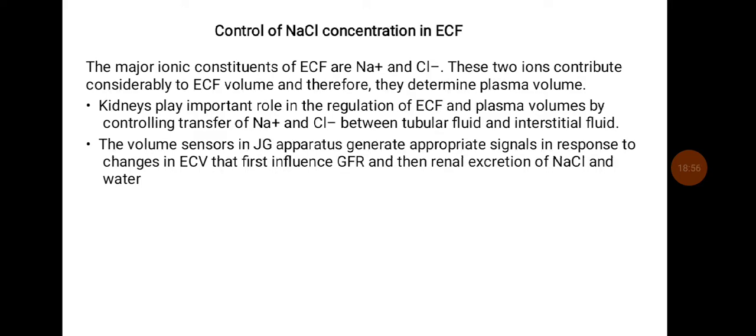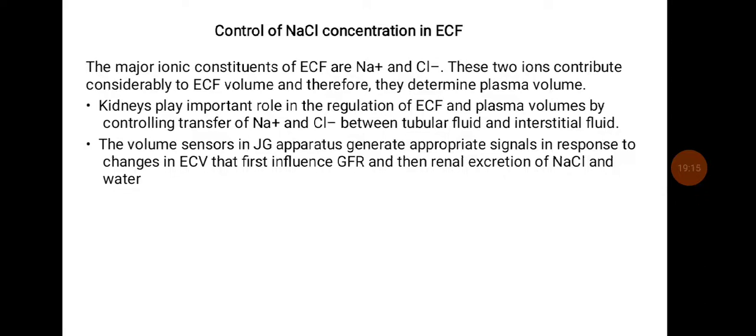How is sodium concentration controlled in ECF? The major ionic constituents of ECF are sodium and chloride. These two ions contribute considerably to the ECF volume and therefore they determine the plasma volume.